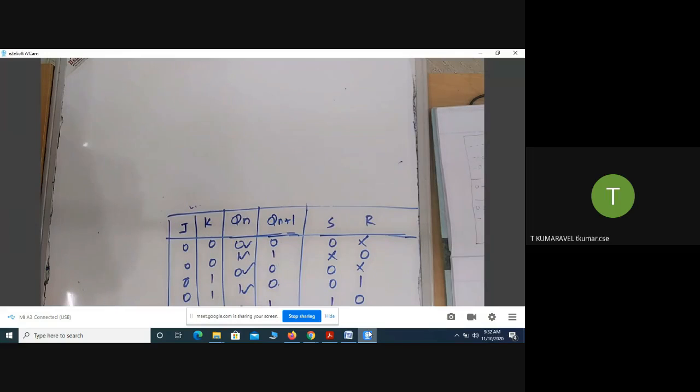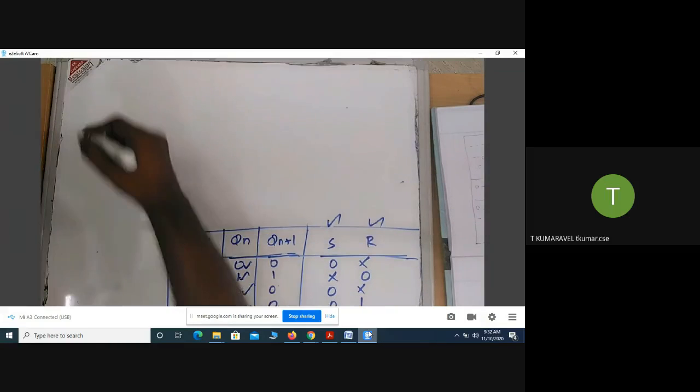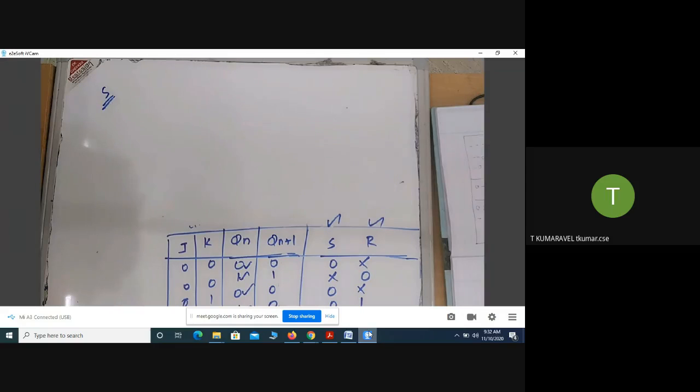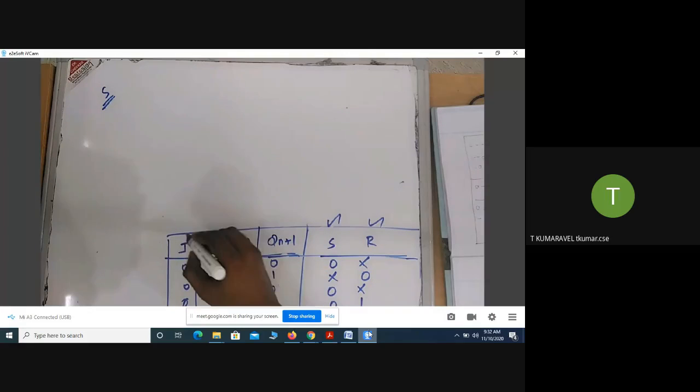First, I am taking S. What are the parameters acting as input here? J, K, and Qn. Three parameters are acting as input parameters.